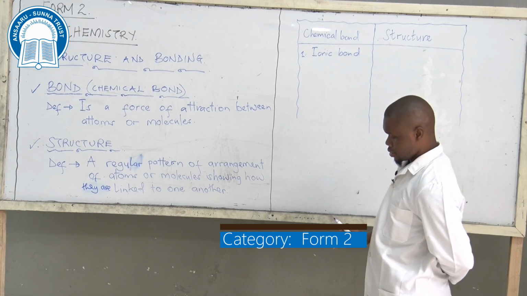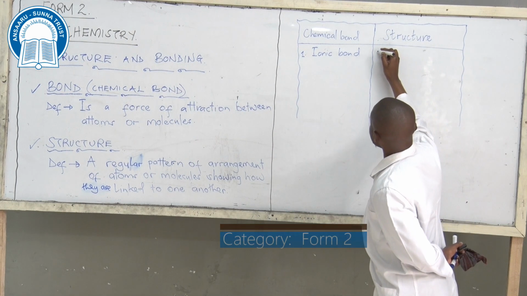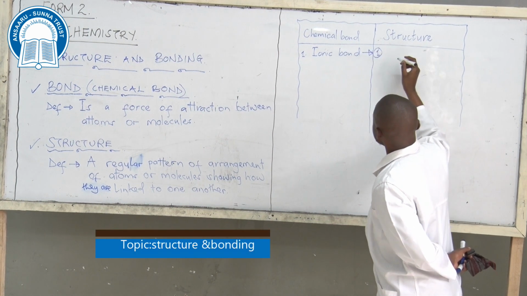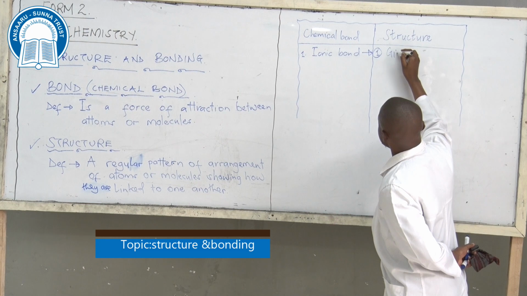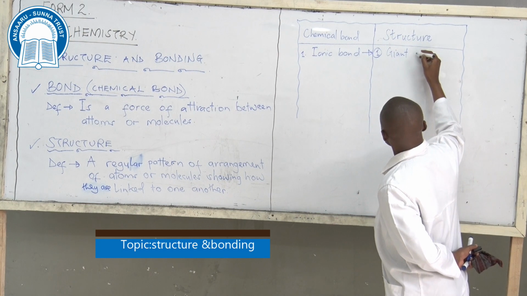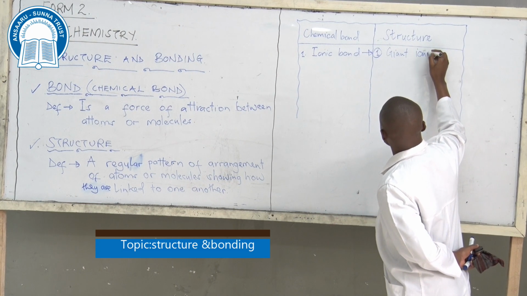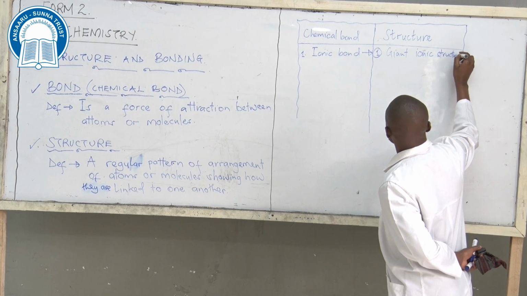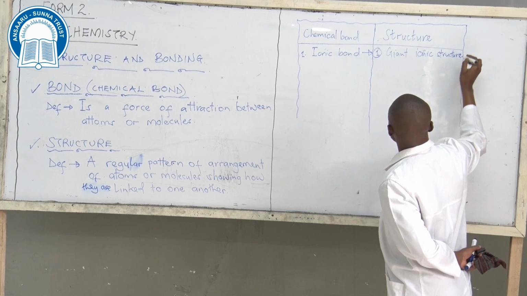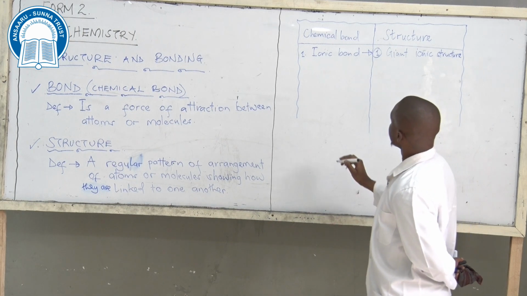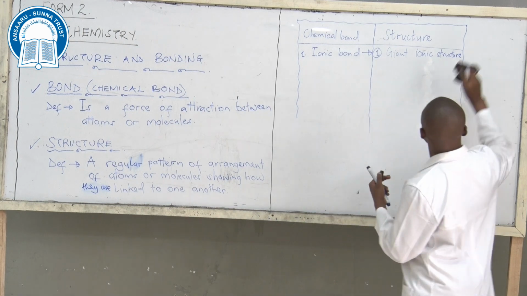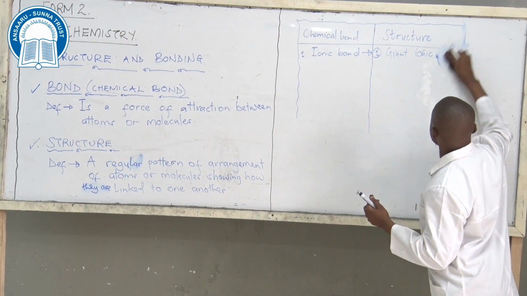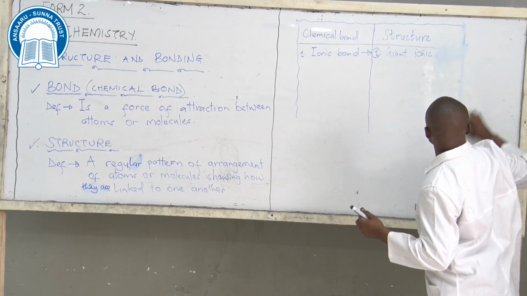Now, ionic bond is found in a structure which is also known as giant ionic structure. Let me make this big so that you can see.